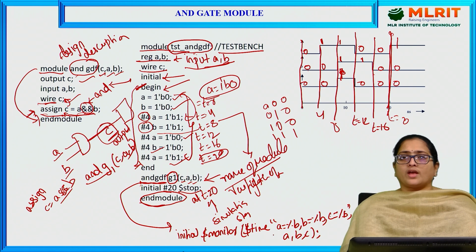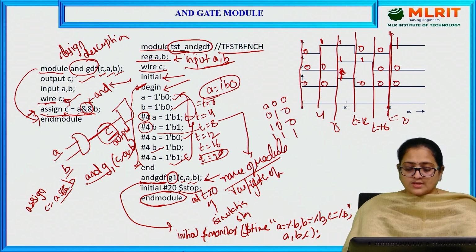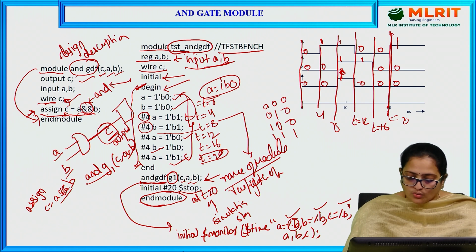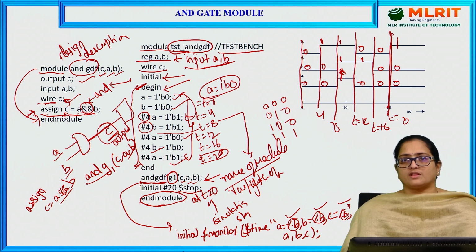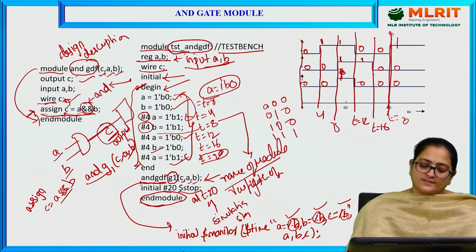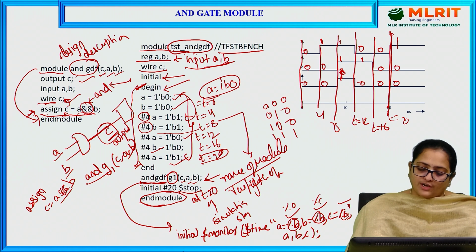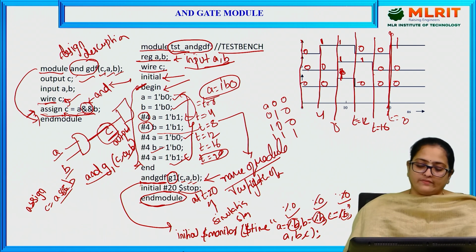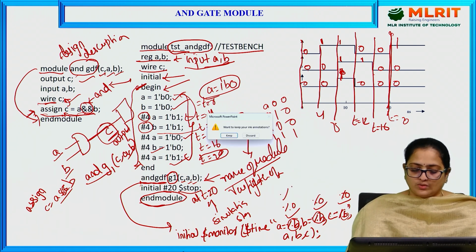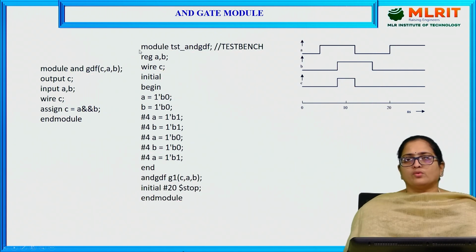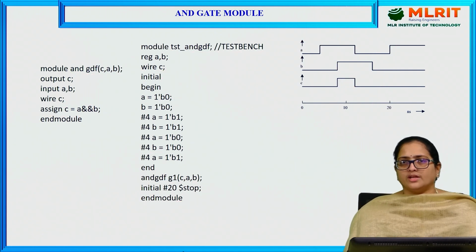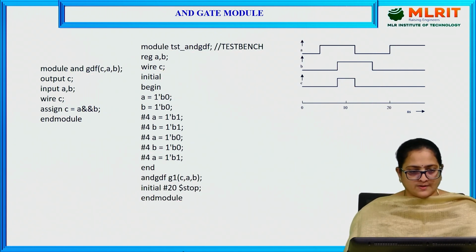Then only you can monitor a, b, c values in terms of binary. If you are using %b, you can verify your output with respect to binary values. If it is octal, then you need to use %o. If it is hexadecimal, you need to use %h. So if you want to verify with the hexadecimal value, then you need to use %h.